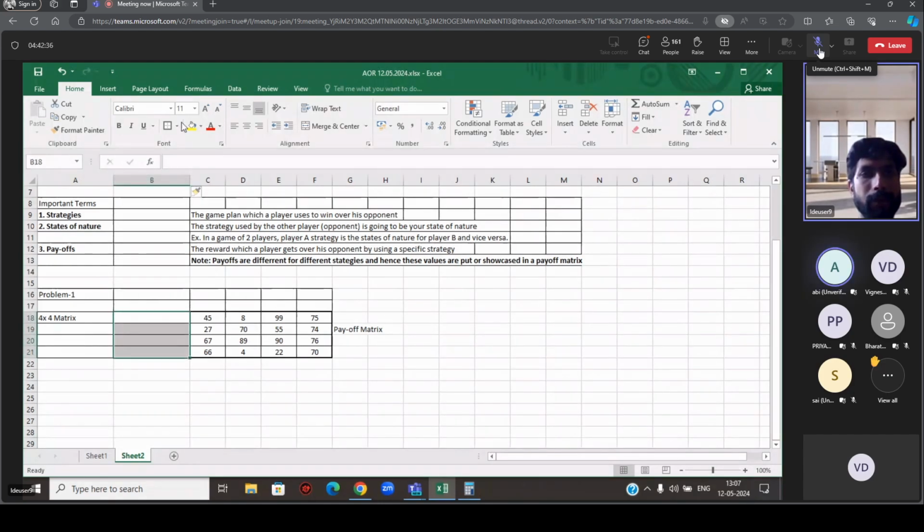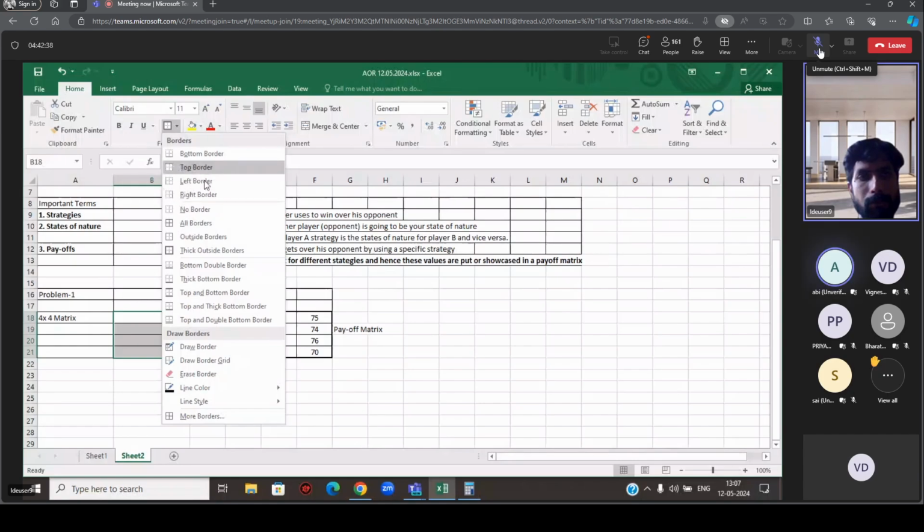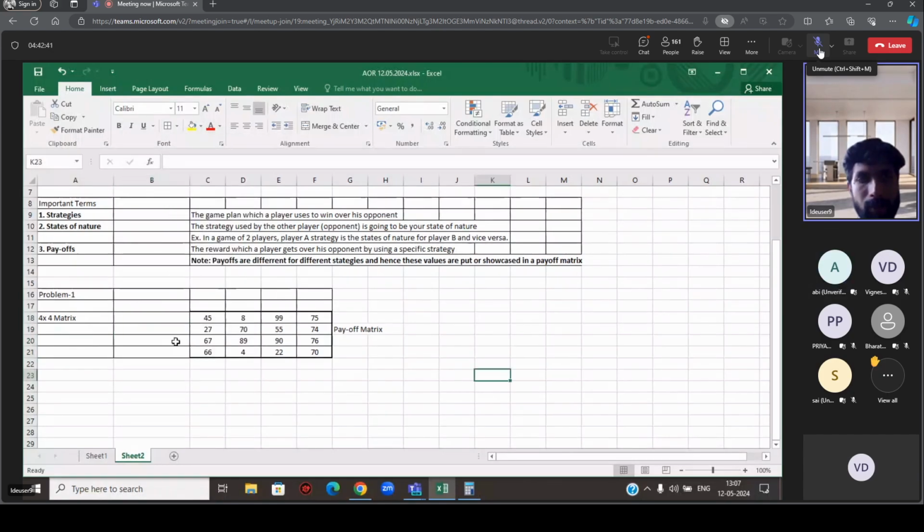So here you have player 1 hyphen player 2, and below that you have S1, S2, S3, and S4.